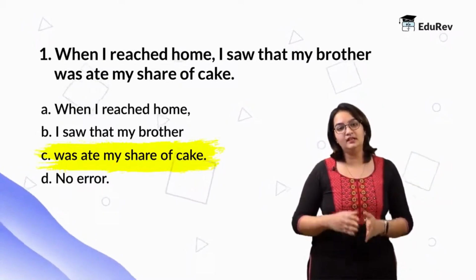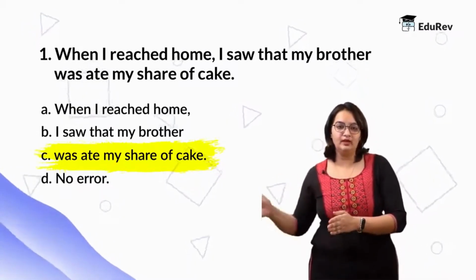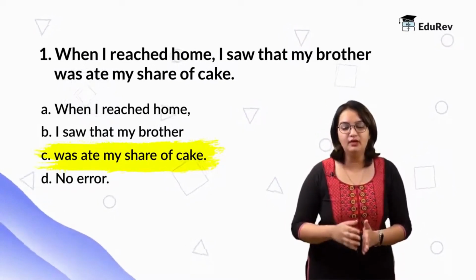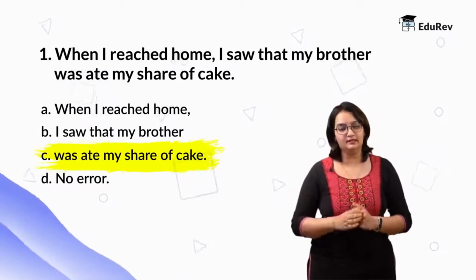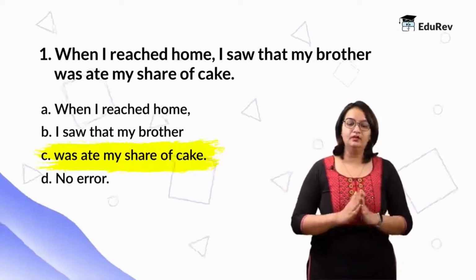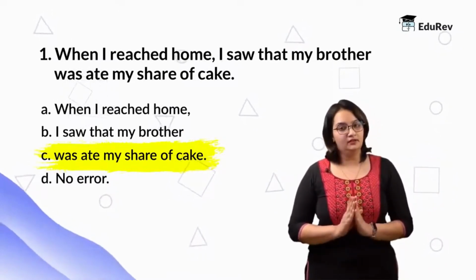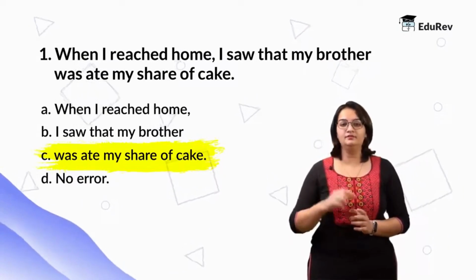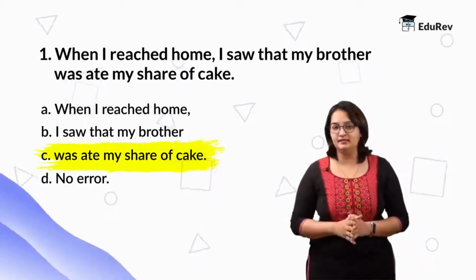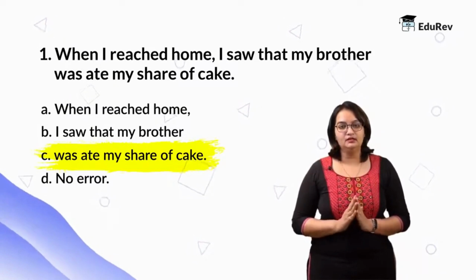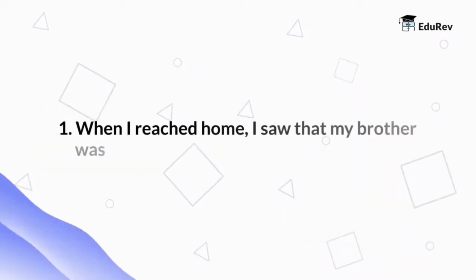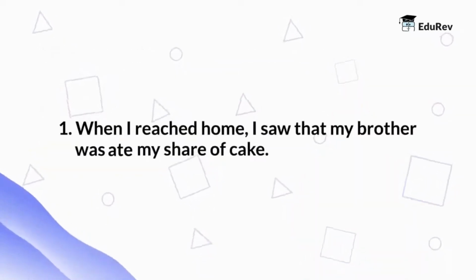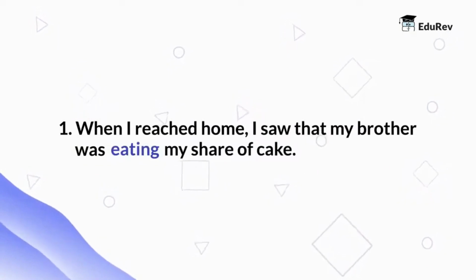He is not saying after I reached home, I found so and so happening. He is saying when I reached home, I observed that my brother is eating something, and that is my share of cake. And therefore, we are going to go with this particular variation. The presence of was suggests that the first statement that I explained is the correct answer. So, the correct statement is, when I reached home, I saw that my brother was eating my share of cake.